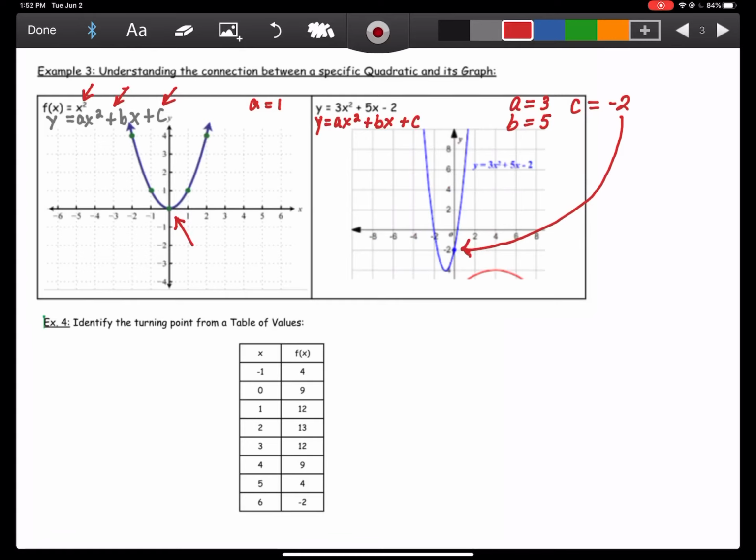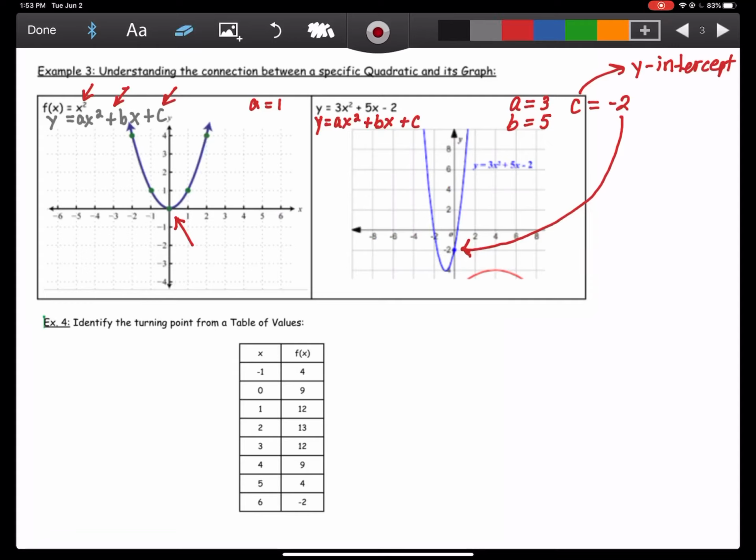This c is the same as the y-intercept. It's always going to tell us where this parabola crosses the y-axis. Okay, so that's a really interesting thing to notice. It's going to help you when you're just trying to spot check things. Okay? All right, let's keep going.